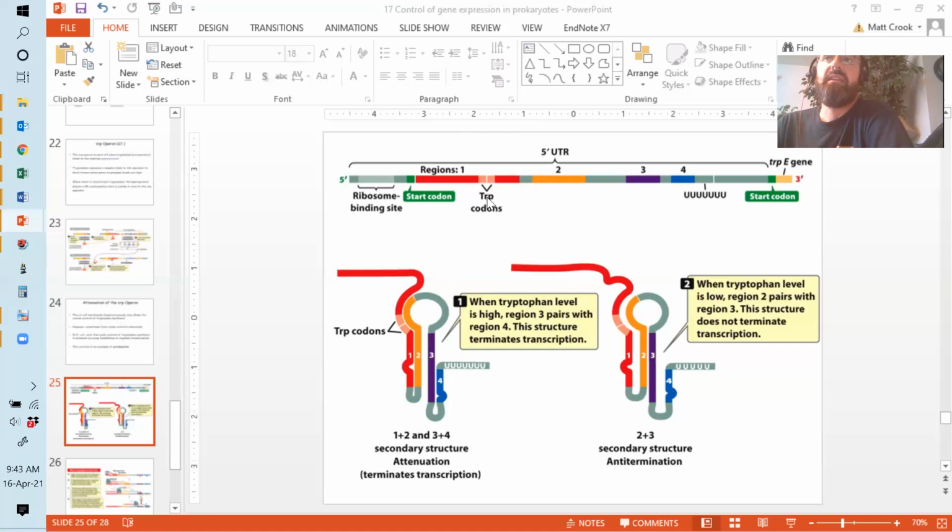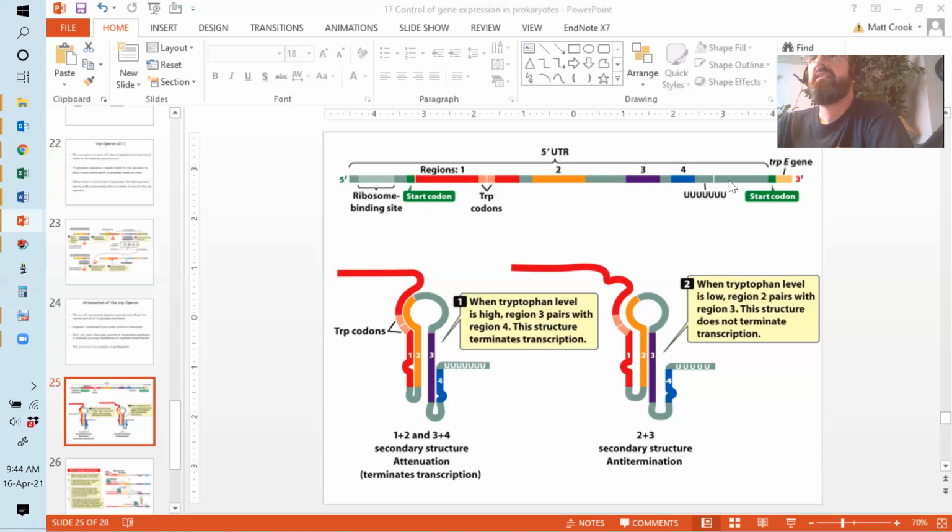But effectively, it stops translation because there's no tRNA coming in for that polypeptide to get extended and then the ribosome to move along the mRNA. So if that happens, region 2 is going to be free. And as soon as region 3 is produced by the RNA polymerase, it forms a hairpin loop between 2 and 3.